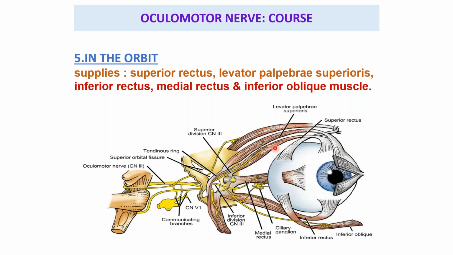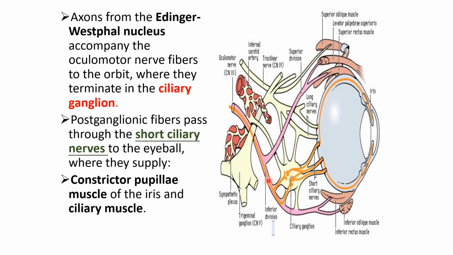Now, from the superior orbital fissure, the oculomotor nerve will reach the orbit, and in the orbit it is going to supply the extraocular muscles, except lateral rectus and superior oblique. Now, the Edinger-Westphal nucleus was the parasympathetic fiber component, the accessory nucleus of the oculomotor nerve.